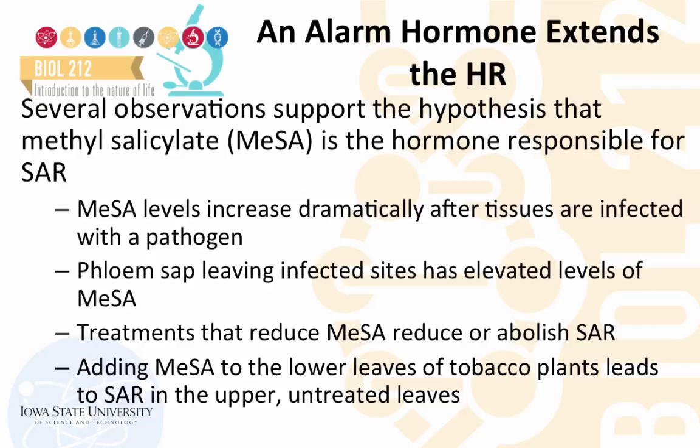Treatments that reduce MESA reduce or abolish SAR. And adding MESA to lower leaves of tobacco plants leads to SAR in the upper untreated leaves. All of these observations indicate that MESA is produced at the site of infection and travels to other sites distant from the site of infection, inducing protective responses in these distant regions.